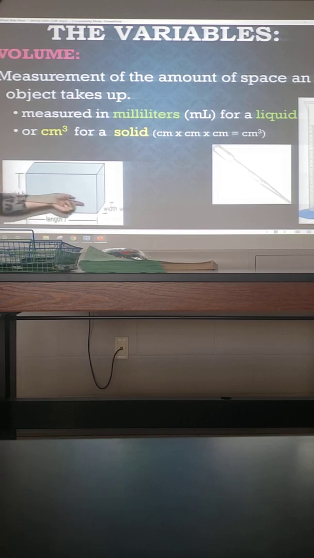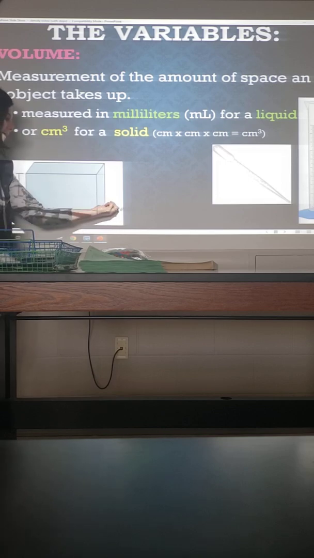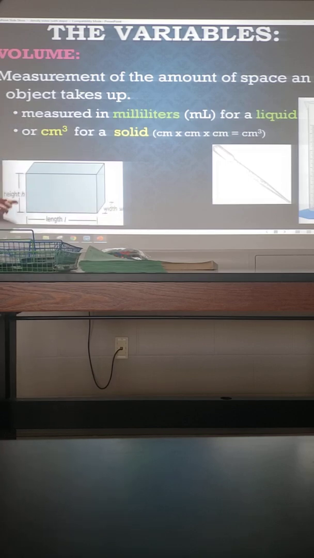If you have a cube, you're looking at length, width, and height. You're dealing in 3 dimensions. That's where that cube comes from. You're taking a centimeter times another centimeter times another centimeter. That is centimeters cubed, or to the third power.